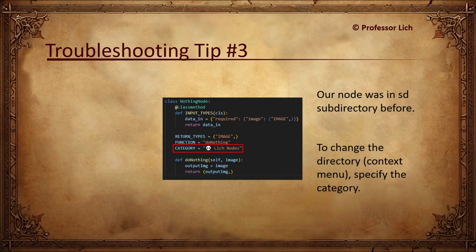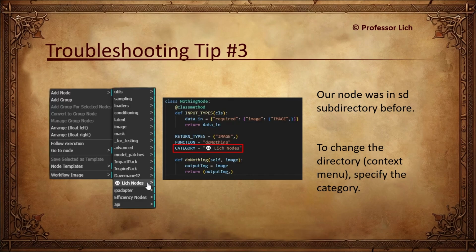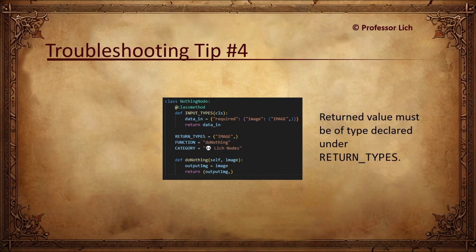To change the directory, assign some string to a category, and once you do, it'll show up in the context menu. And the other thing is the return value must be of the type declared under return types. So let me say this again: the return value must be of the type declared under return types.